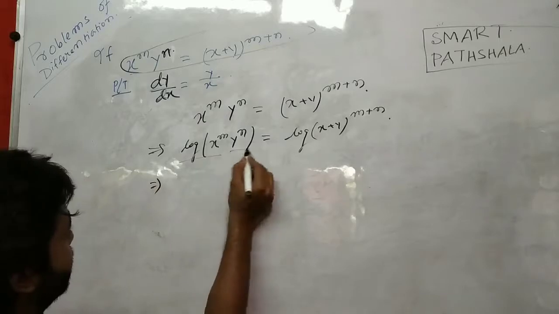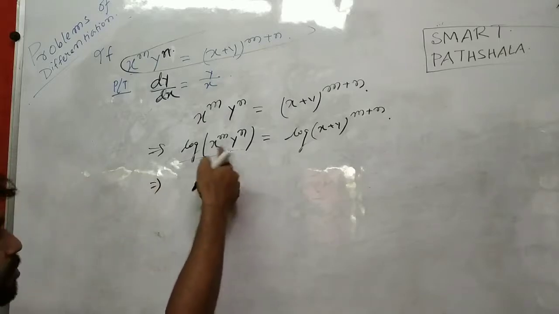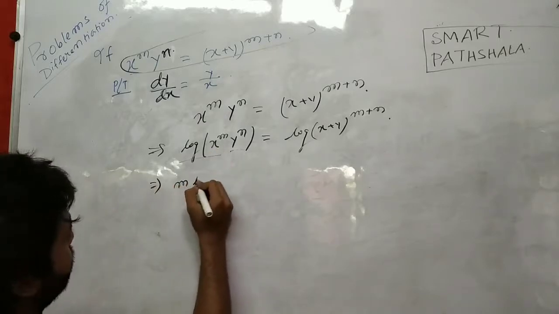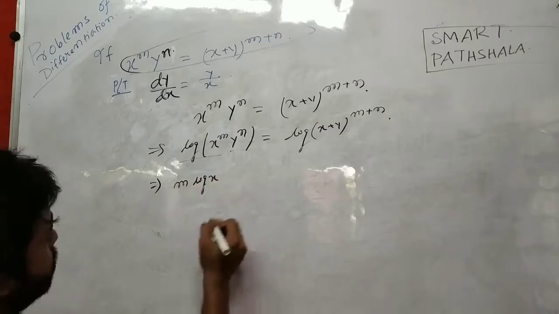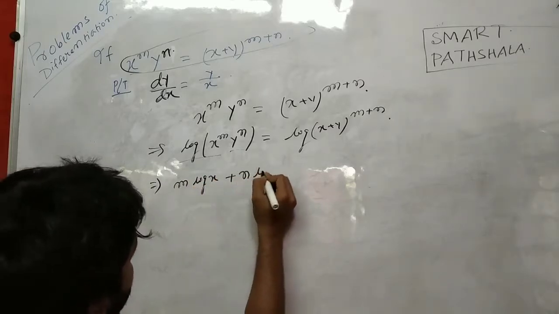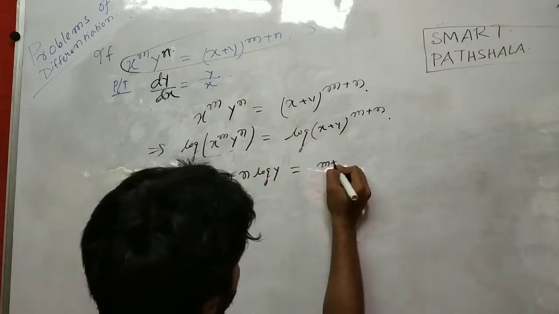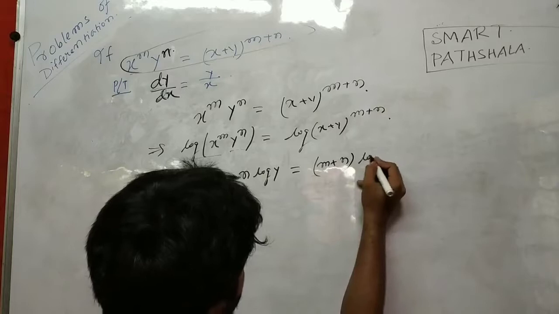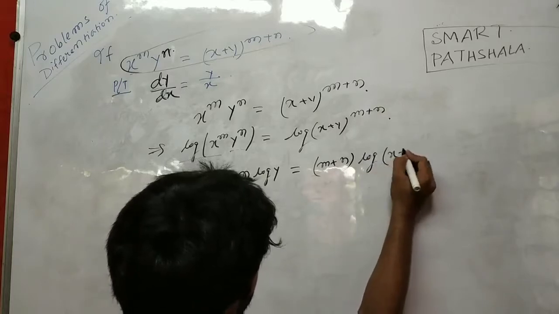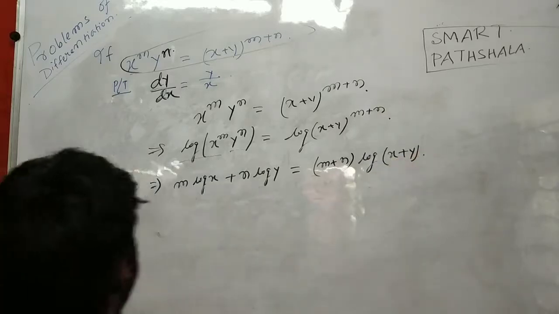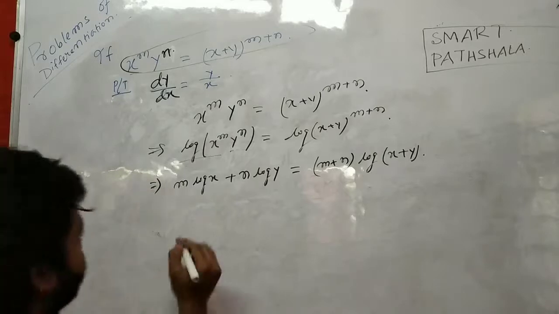So when you separate these terms, what you will have is m log x plus n log y is equal to (m plus n) log (x plus y).